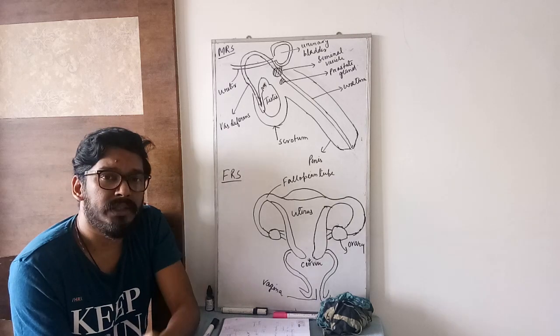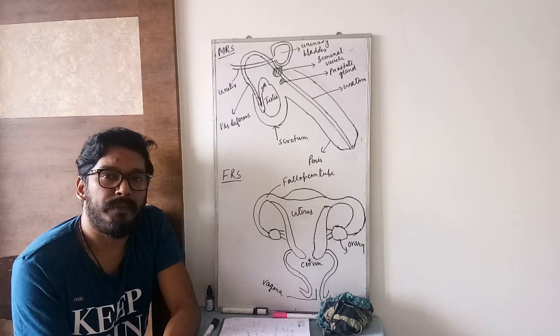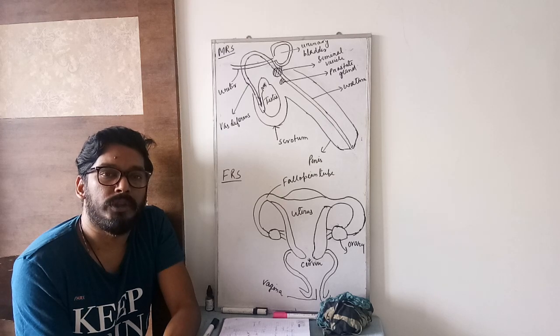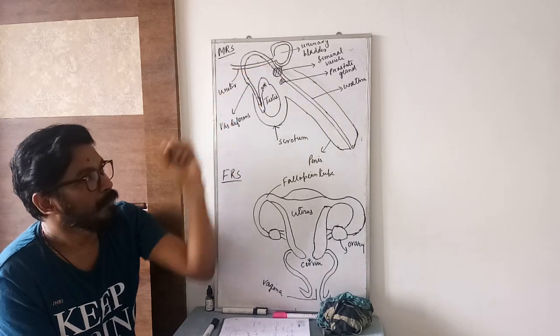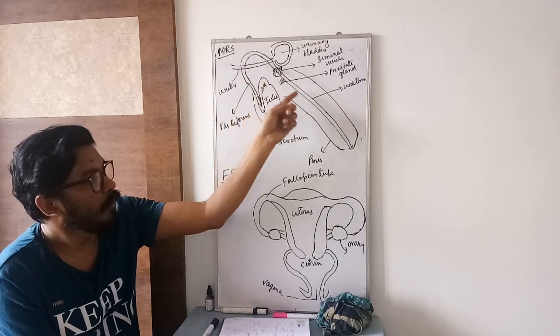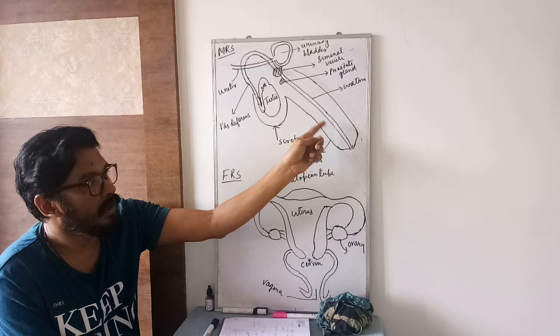Testes are always located outside the abdominal cavity because for the formation of sperm the temperature required should be below the body temperature. This is the tube through which sperm moves, called vas deferens, and ultimately it comes through the urethra.